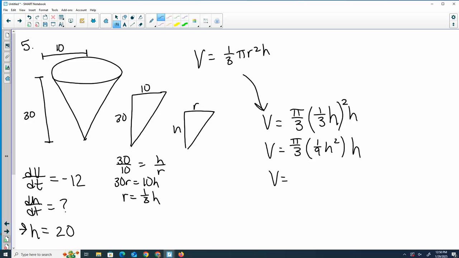So volume is pi over 27 h cubed. So on your test, can you get rid of that radius before doing the derivative?